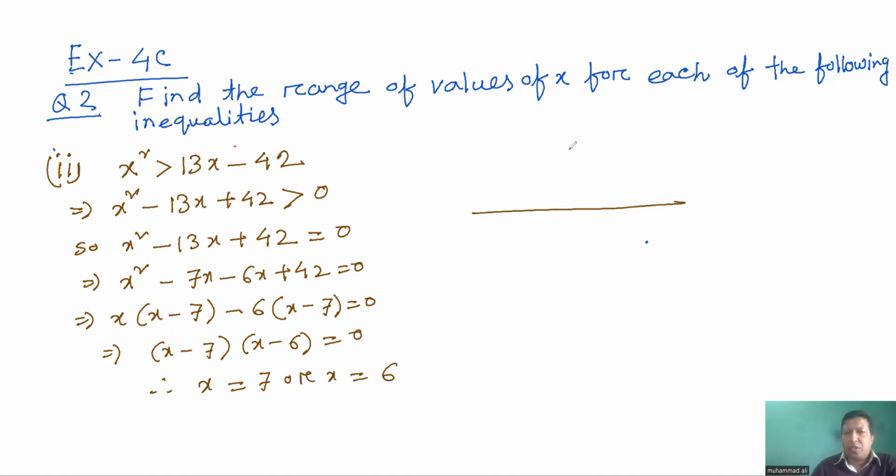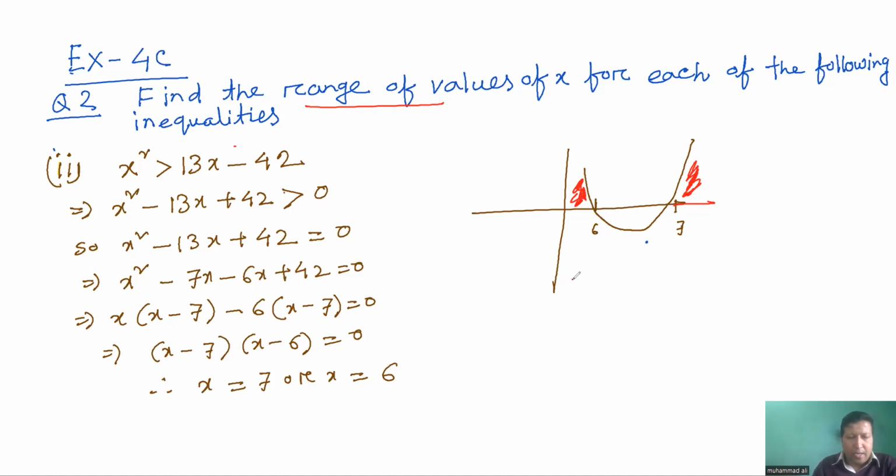If we sketch this curve, the curve is u-shaped because the x square coefficient is positive, and it passes through 6 and 7. So what do we want? We want where the curve is positive, that means above the x-axis. This part is positive, this part is positive. We find the range of values of x for which the curve is above the x-axis.